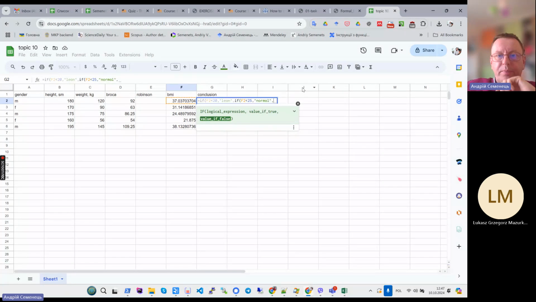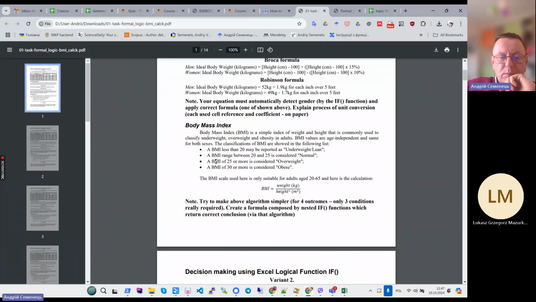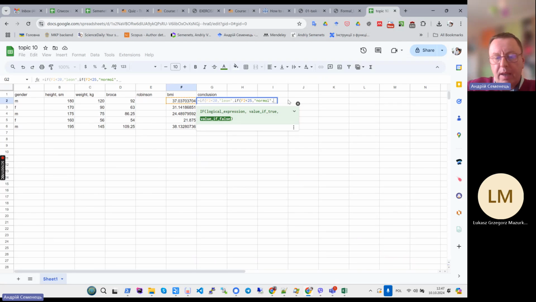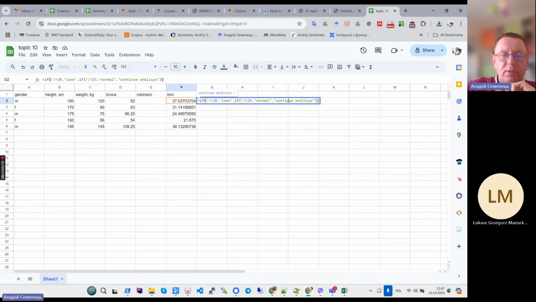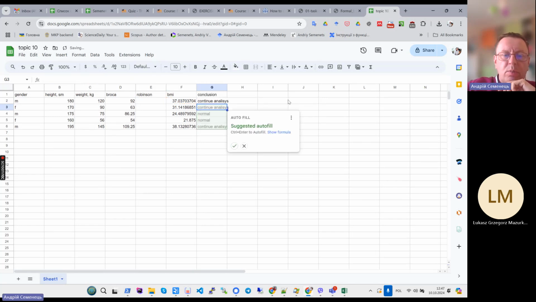If it's false, we have two more choices. I will stop there. It's up to you. You have to continue and extend this formula, which should contain two more elements. As you can see, twice I got an answer and twice I got continued analysis.